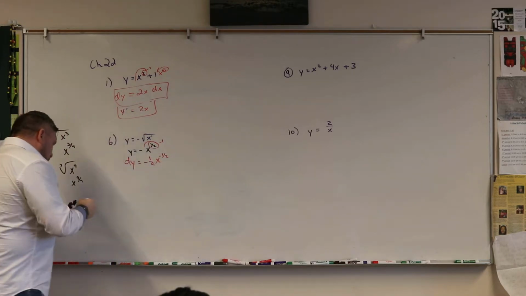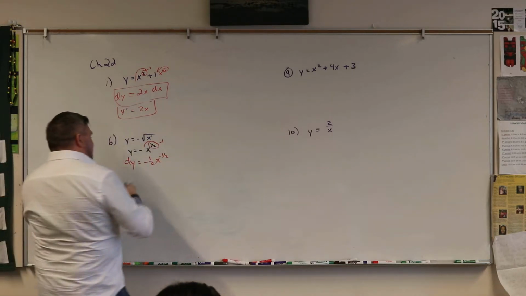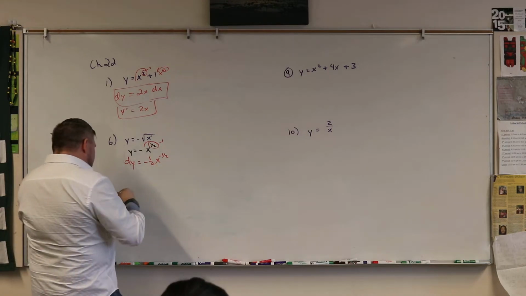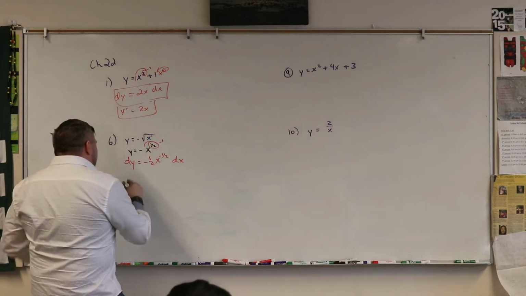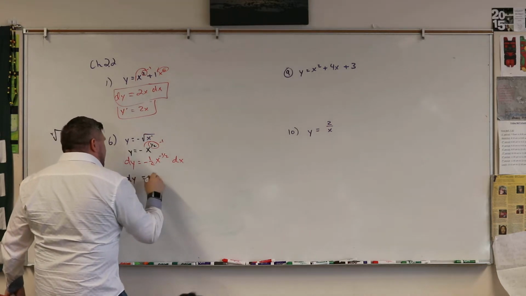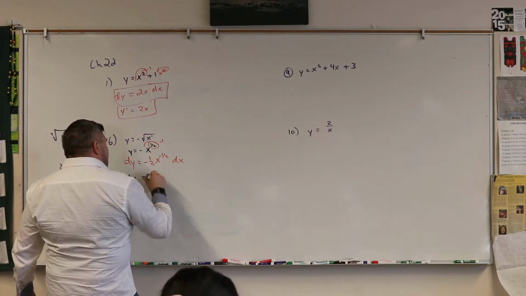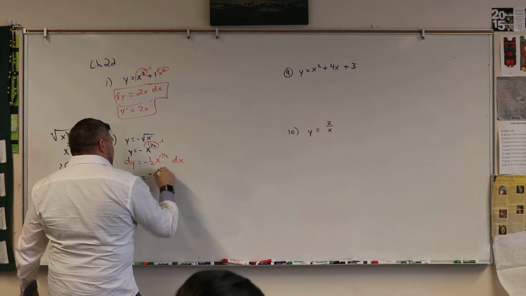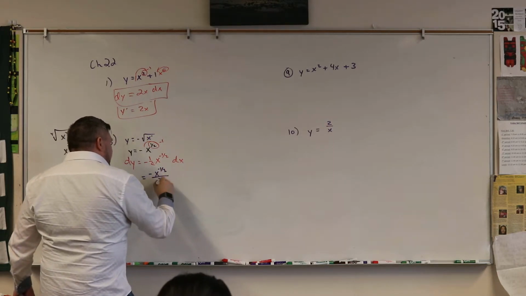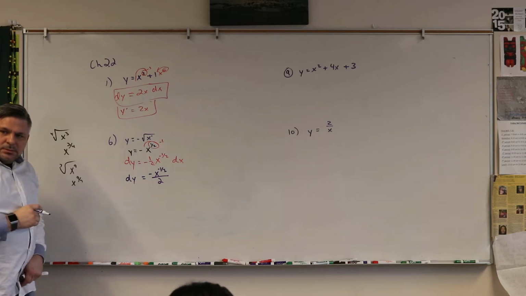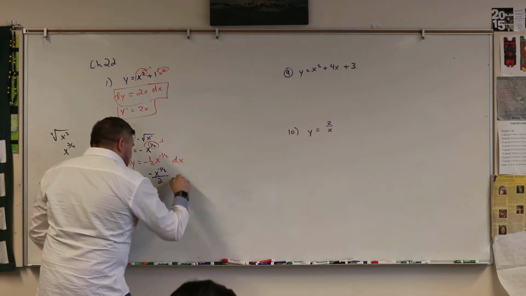Now, if I want to re-look at this, what's really happening here, and that's dx. What's really happening here is I got dy is equal to negative x to the negative 1/2 over 2. And this is dx.